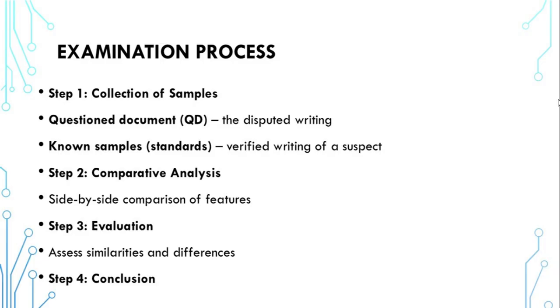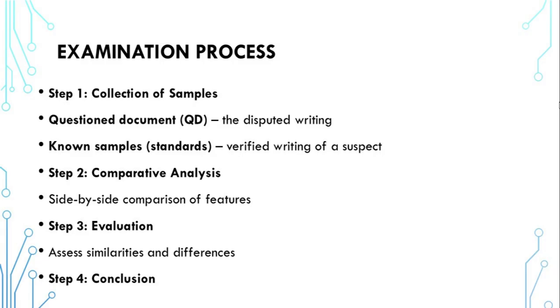Another is photocopies instead of originals. Photocopies may be a limitation because at times they may not show the true picture of what you have in the original. Then there is the absence of contemporary standards.